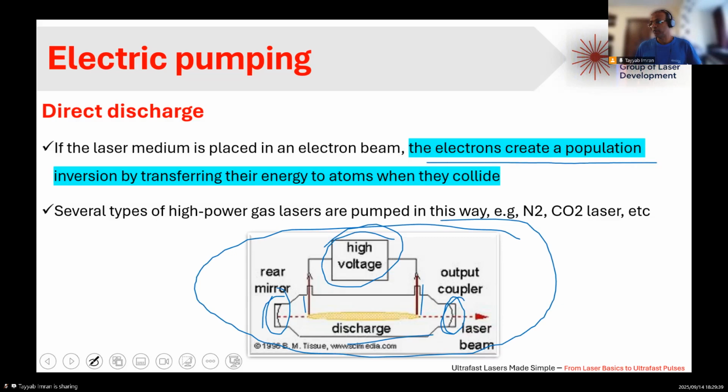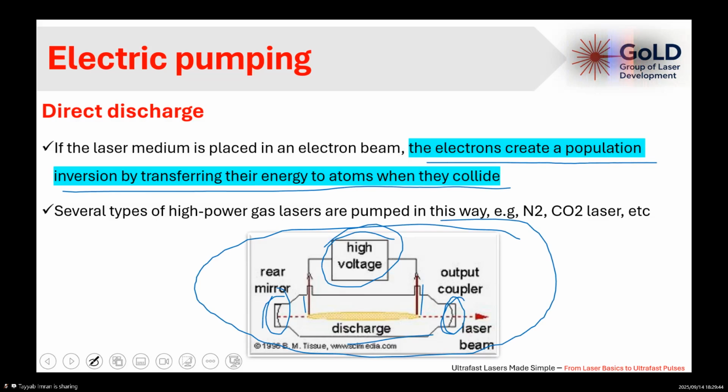Electrons create a population. Okay, what happens actually in electron discharge? There are so many electrons. Okay, high voltage discharge happens, and these electrons are knocking out the atoms.